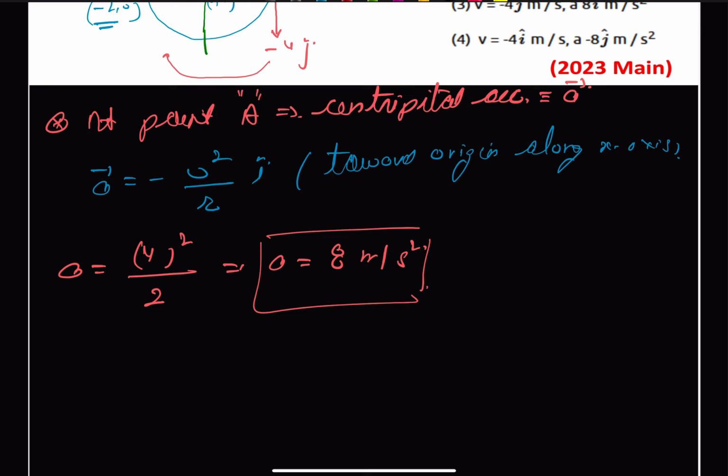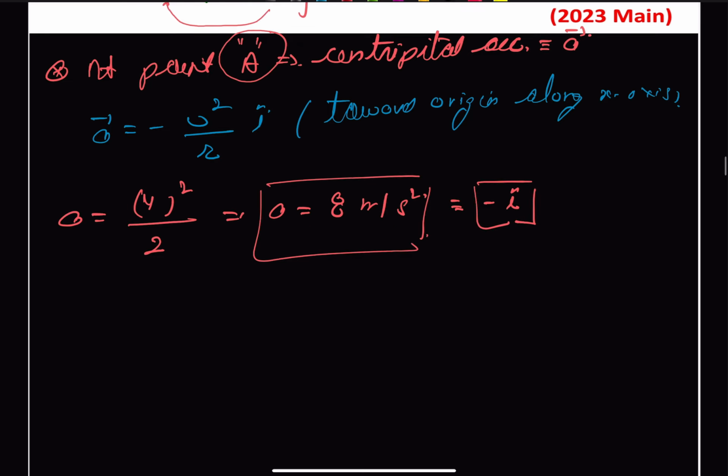And this acceleration, please mind, it is at point A. If I want to add a direction here, the direction will be along minus i unit vector towards the origin.